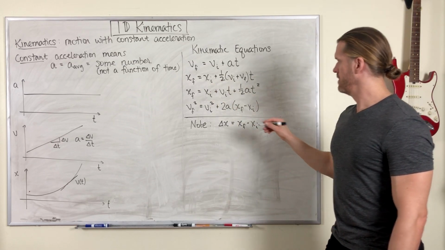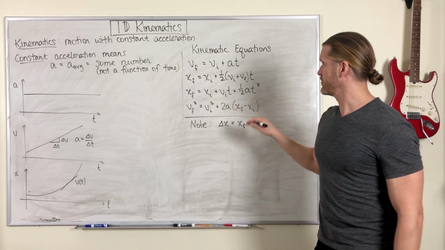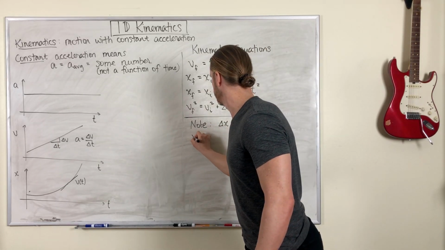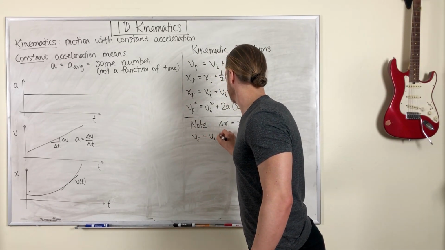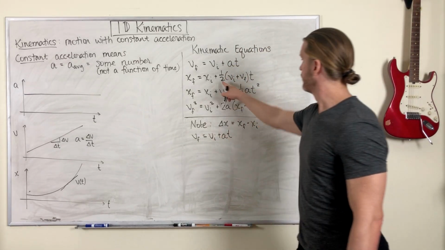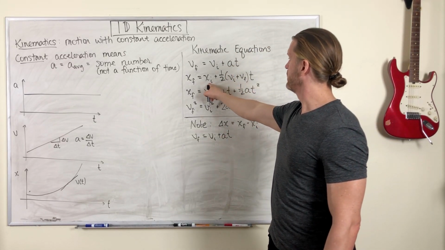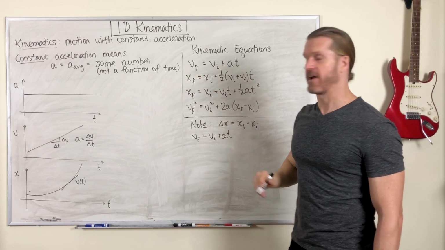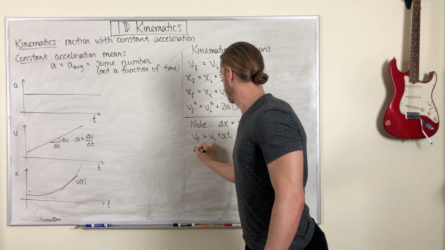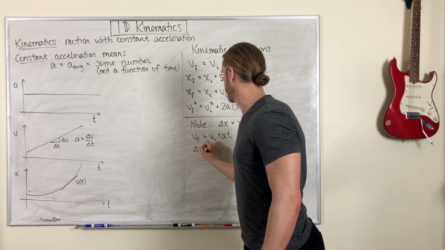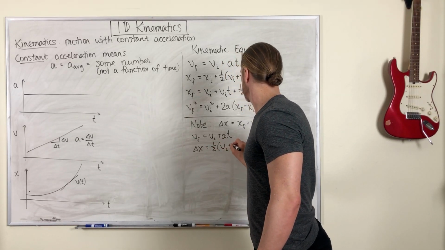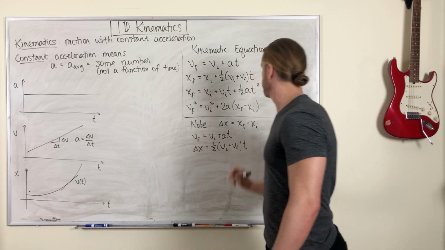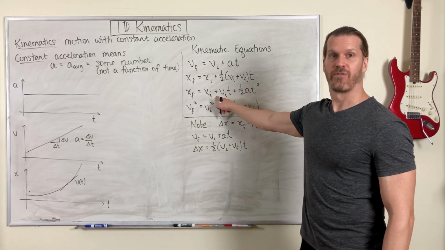So sometimes people write the kinematic equations with displacement instead of these x finals and x initials here. So with this notation, they will look like the following. The first equation is unchanged. In the second equation, you can put x initial to the left side of the equation. So you get x final minus x initial, which is delta x. You can do the same thing in the third equation.